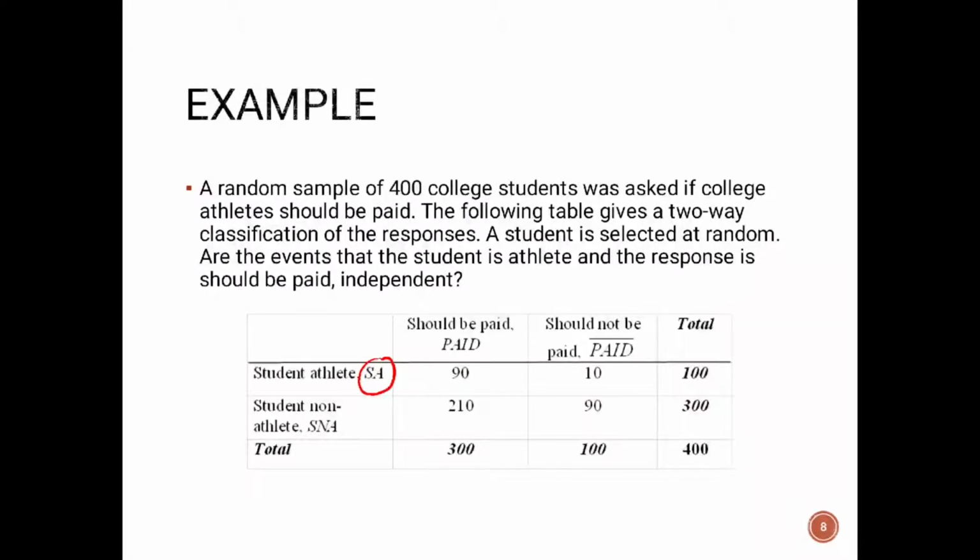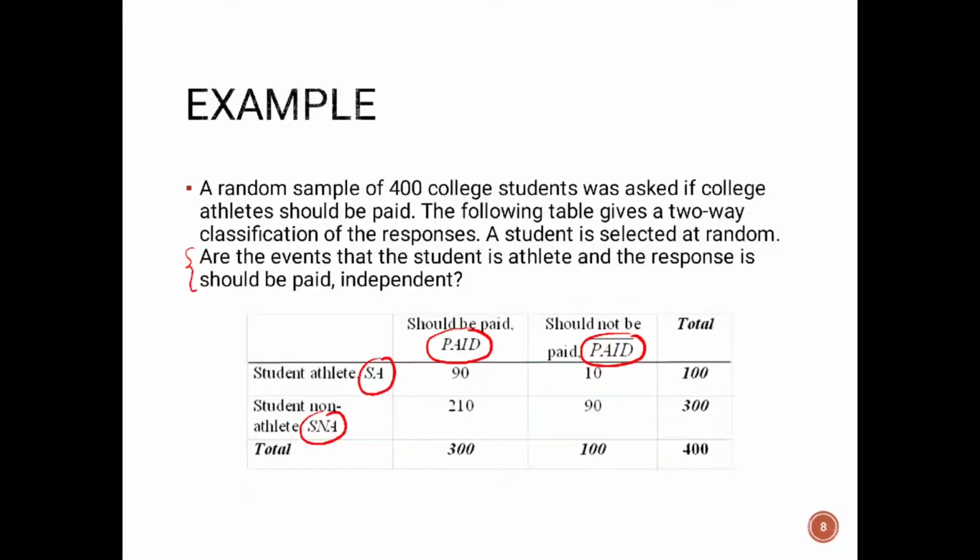Okay, so for student athlete, it's denoted by SA. Non-student athlete, which is student non-athlete, and should be paid and should not be paid is denoted by paid bar. This is the question.